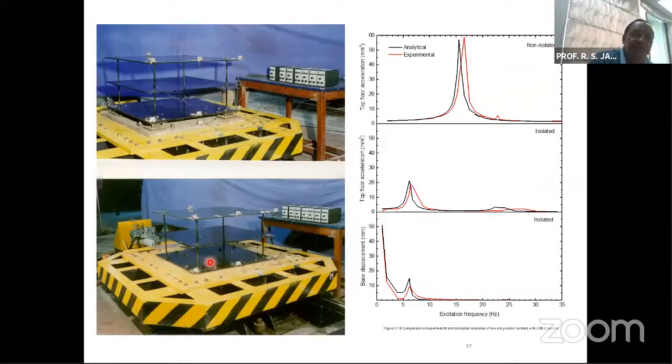So the difference between top and bottom is that the top one is the isolated model, and the bottom one is the non-isolated model. On the right hand side, one can see the analytical and experimental response, and one can see that there is a good comparison in the analytical and experimental response under harmonic excitation.